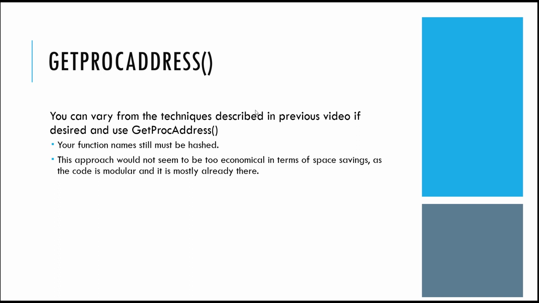That would be a departure from the skeleton and the techniques that we discussed in our last video. At bare minimum, you need to use that skeleton to get at least the address of kernel32. But if you do that and then decide to make use of GetProcAddress and take a departure, then you could do that.